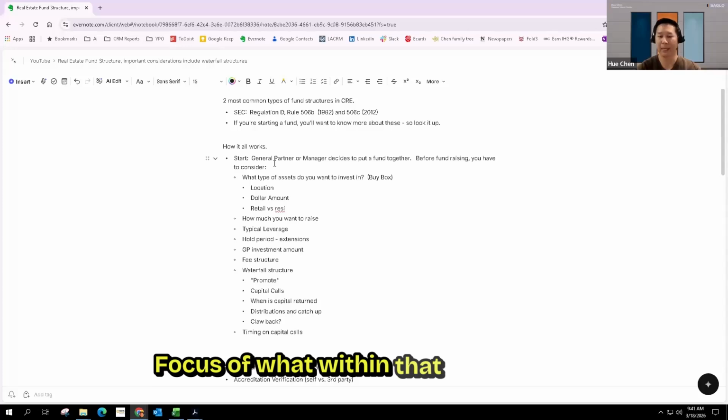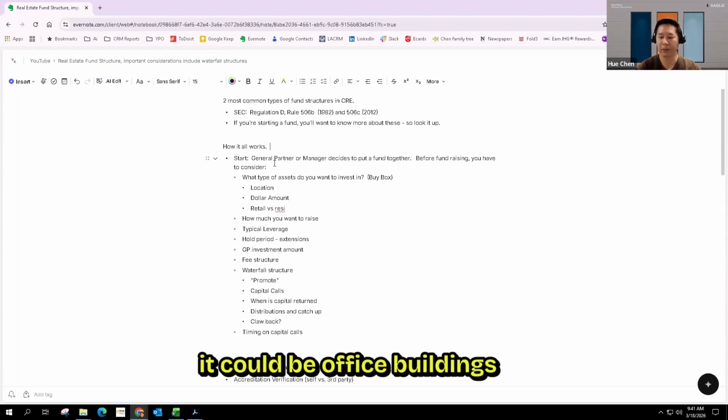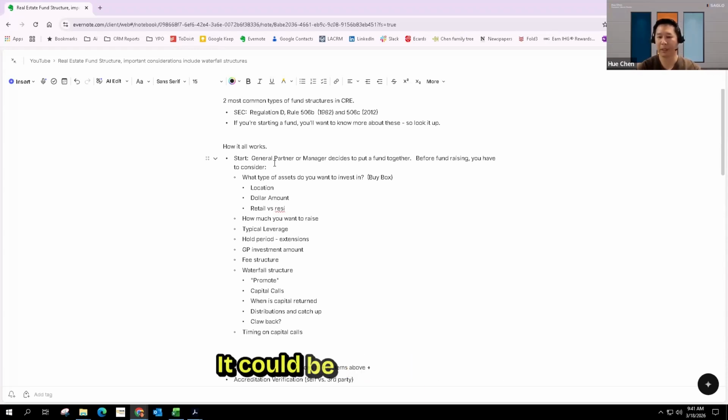It could be apartment buildings, and you could say, look, I'm doing only garden style, I'm not doing high rise. It could be built to rent, that's popular now. It could be office buildings or medical office buildings. It could be industrial, light industrial, small bay industrial, et cetera, right?